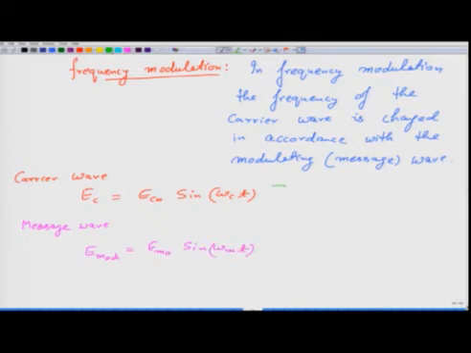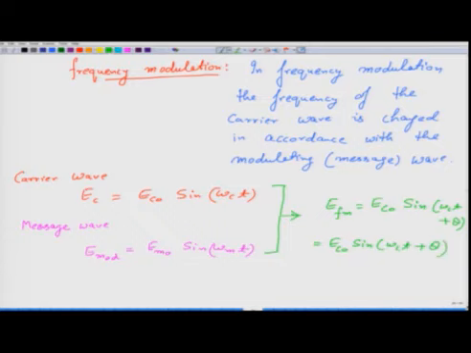The wave that is produced, the frequency modulated wave, will have its equation given by E_FM. Its amplitude will not change, but its phase will change. It will become omega_c t plus theta. Let me rewrite it: sin(omega_c t + theta). Now, this has been changed in accordance with the message wave.